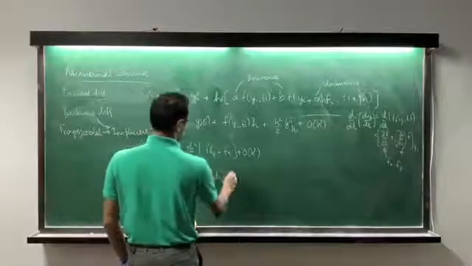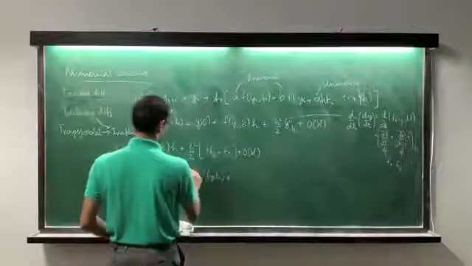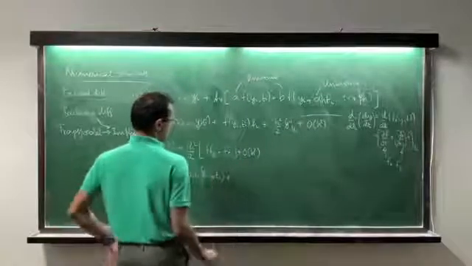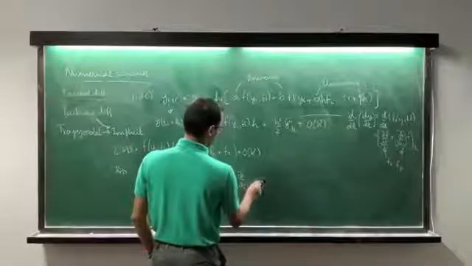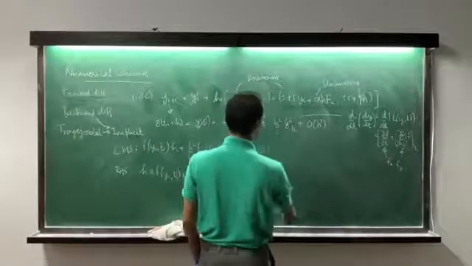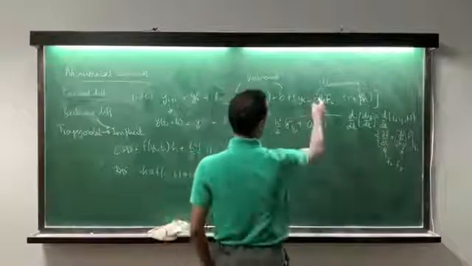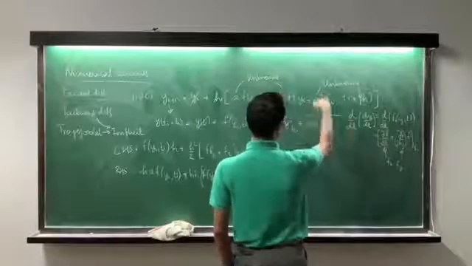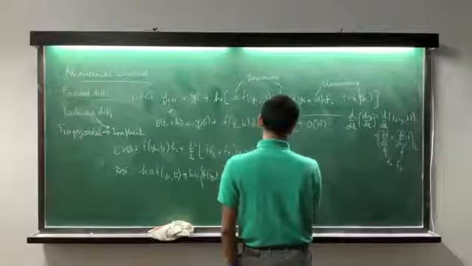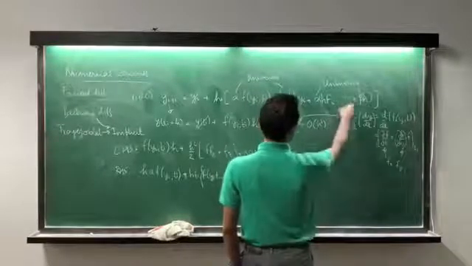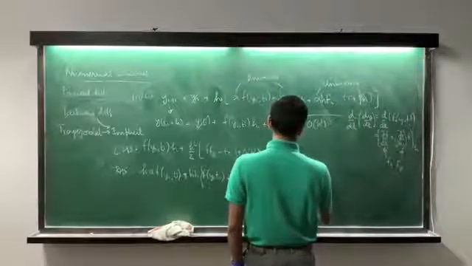Okay, plus actually b also can come out. This will be dou f by dou y at i times the difference, that is alpha h f. Okay, difference between this and yi, that is just this, plus dou f by dou t at i times beta h plus order of h square.